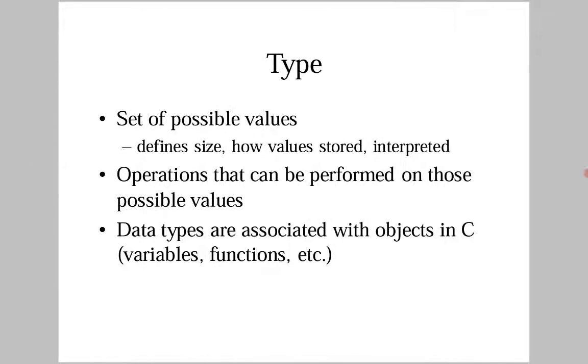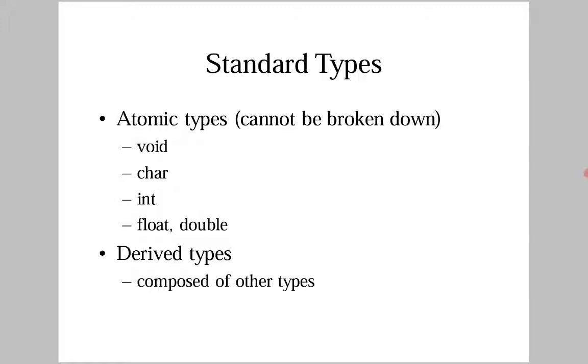So, data types. What are the different types of data types used, what are their sizes and what characters are used? The standard data types are atomic types: void, char, int, float, double.